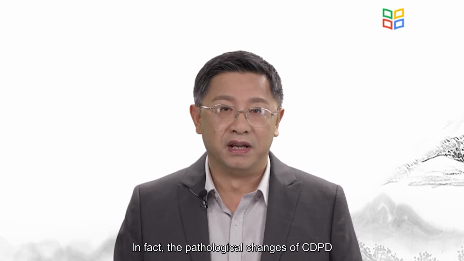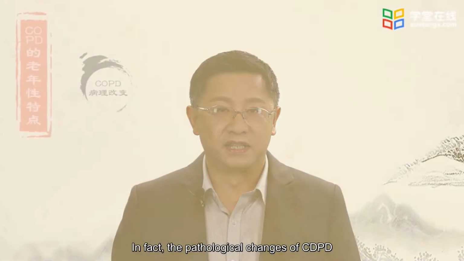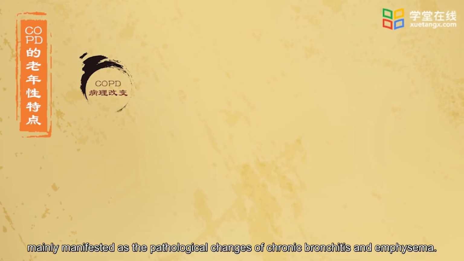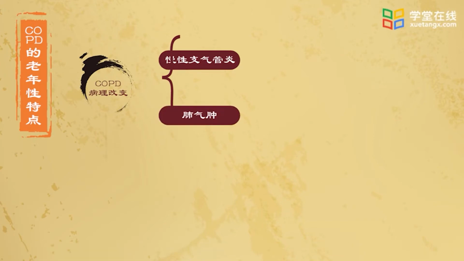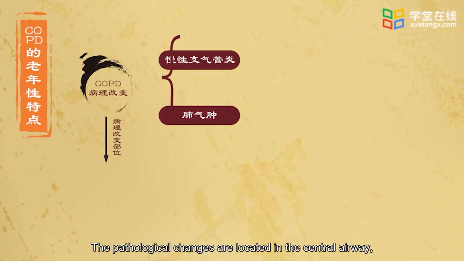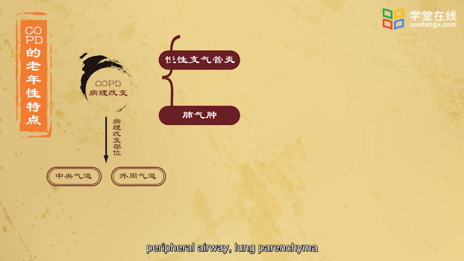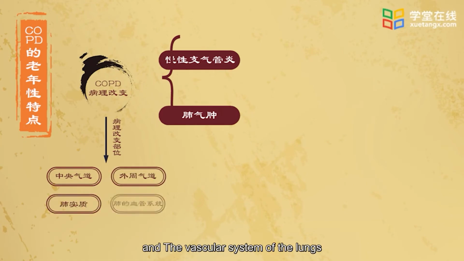The pathologic changes of COPD mainly manifest as those of chronic bronchitis and emphysema. The pathological changes are located in the central airway, peripheral airway, lung parenchyma, and the vascular system of the lungs.